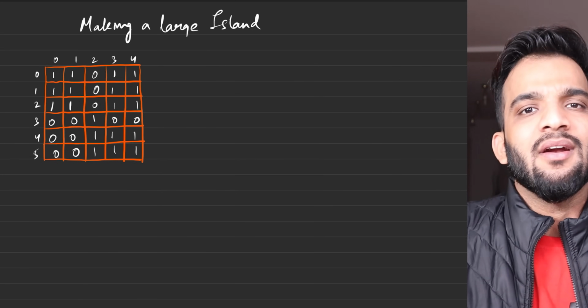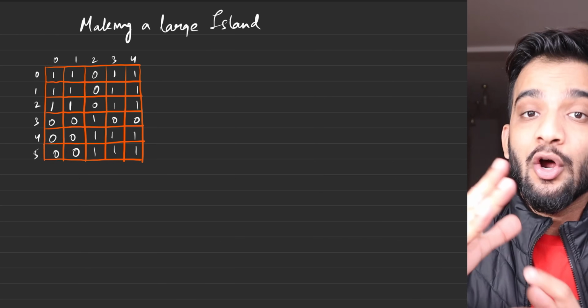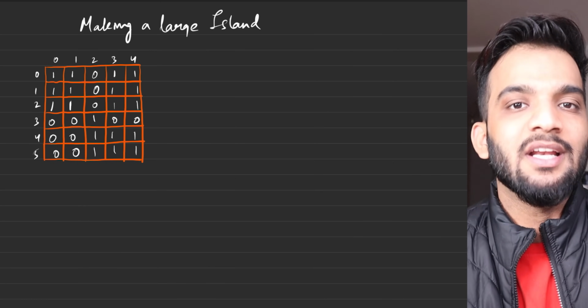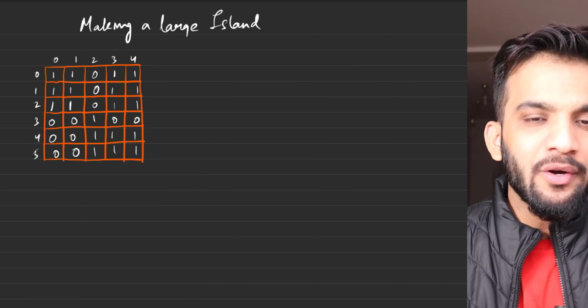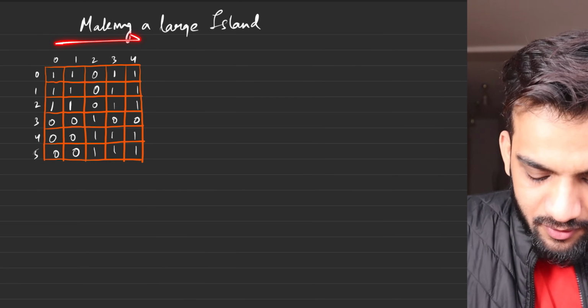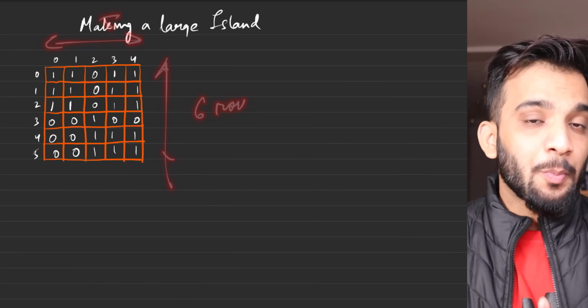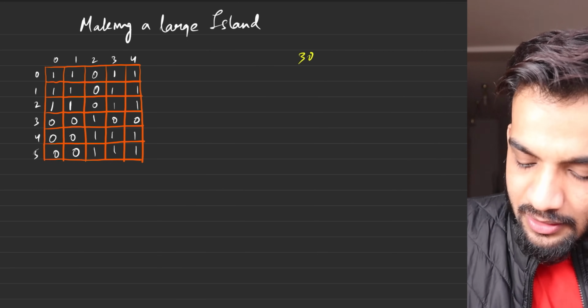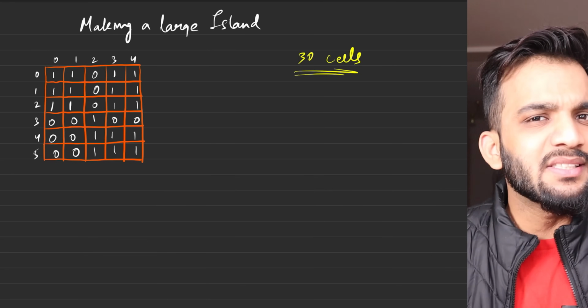I need to somehow convert the n cross n matrix into cell numbers so that I can use our disjoint set data structure. So in order to convert the matrix into node numbers, I have 5 columns and 6 rows, which makes it a total of 30 cells.